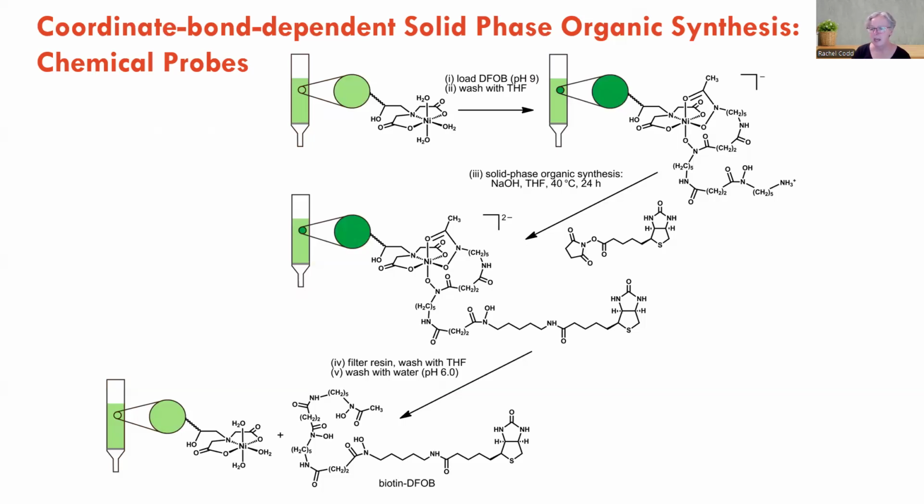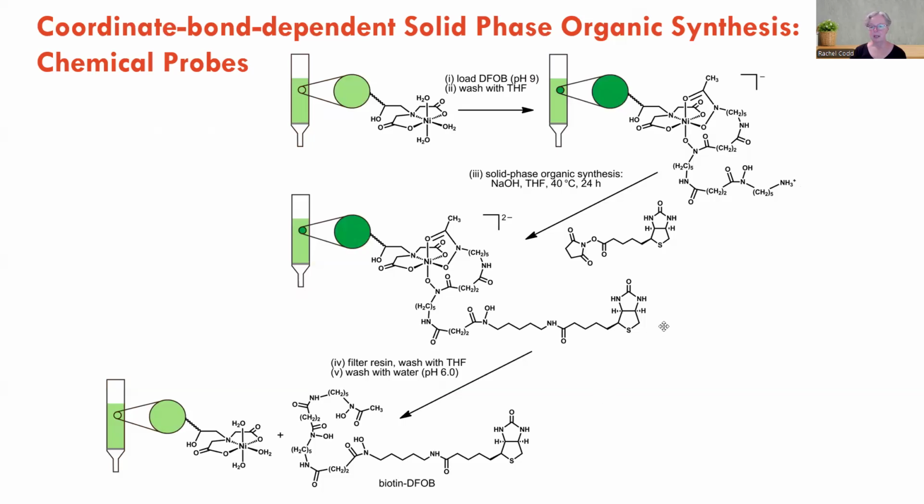And if that was the case, it might be possible to undertake some chemistry at this amine terminus. So we undertook a simple study of seeing whether we could produce biotinylated desferrioxamine B. And that's shown in this structure down at the bottom of the slide.